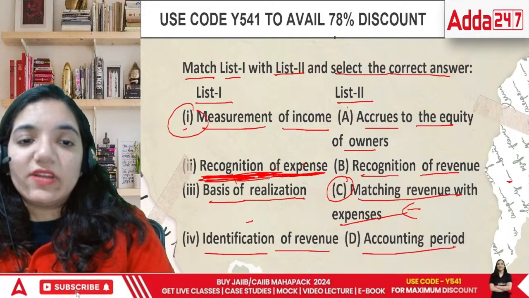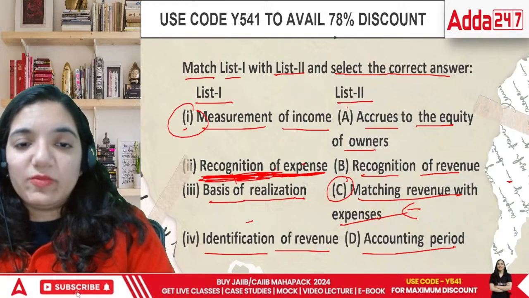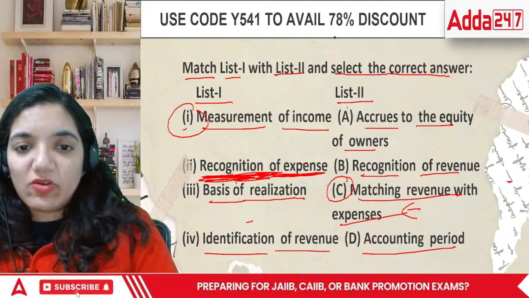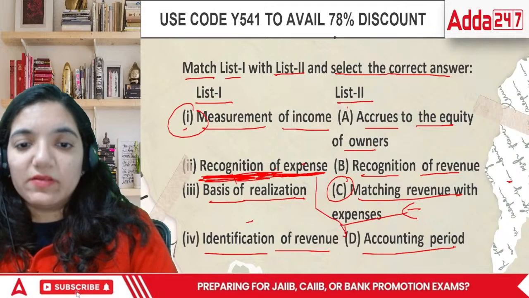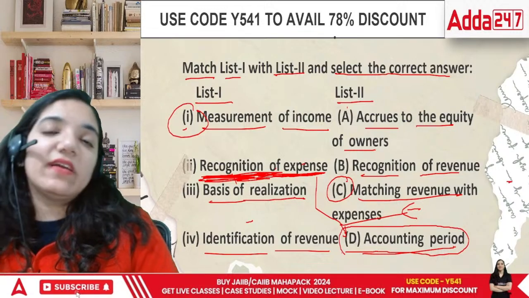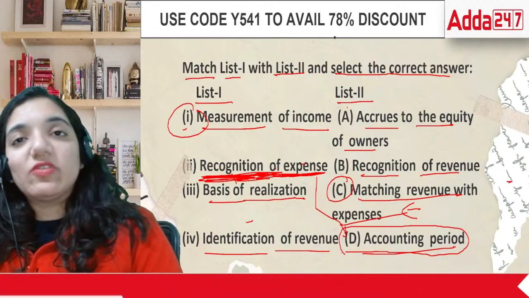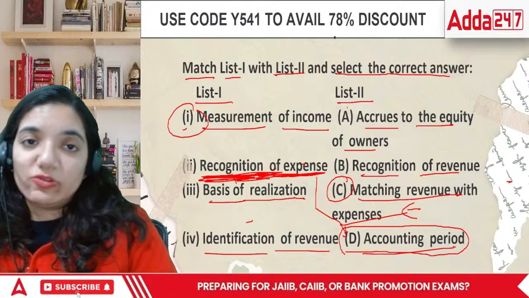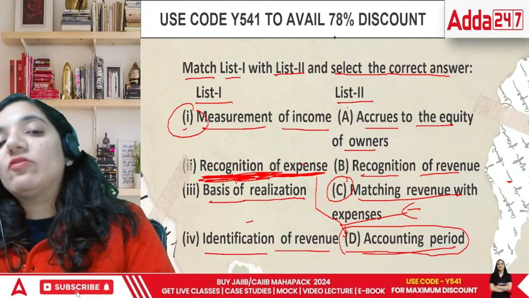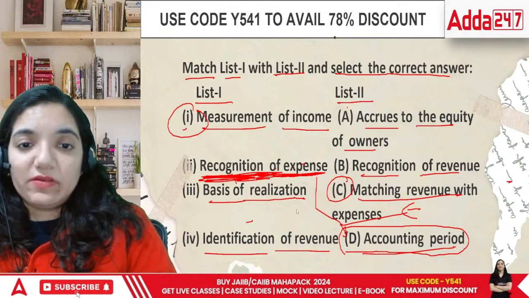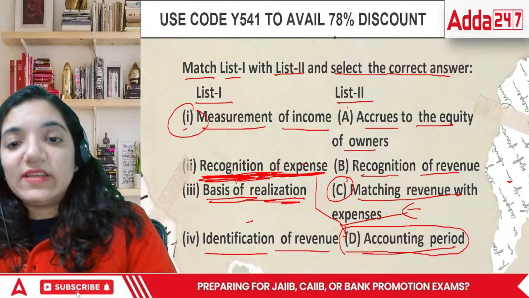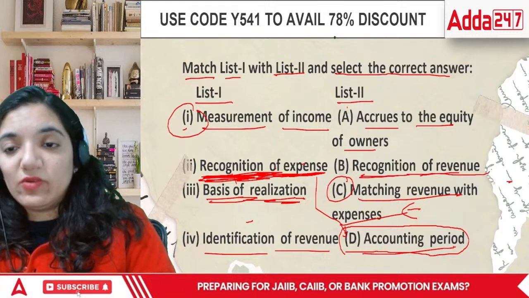When we are recognizing the expenses, they should be recorded as per the accounting period. Accounting period is the period in which we are recording the things. That means we won't record past, we won't record future. We would record a specific period and try to find out the profit and loss for that period itself.